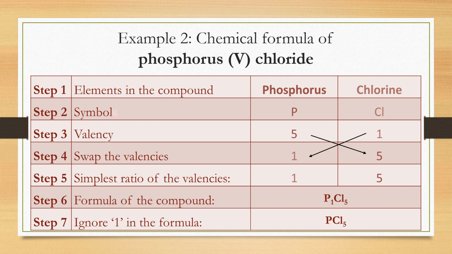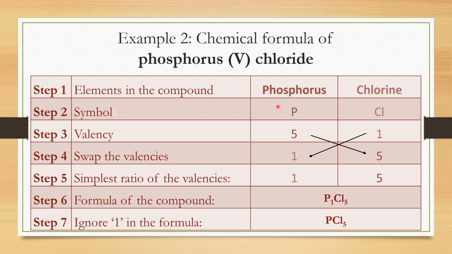Now, let's have a look at the formula of phosphorus 5-chloride. The elements present are phosphorus and chlorine. Phosphorus has symbol P. The chlorine atom has symbol Cl.